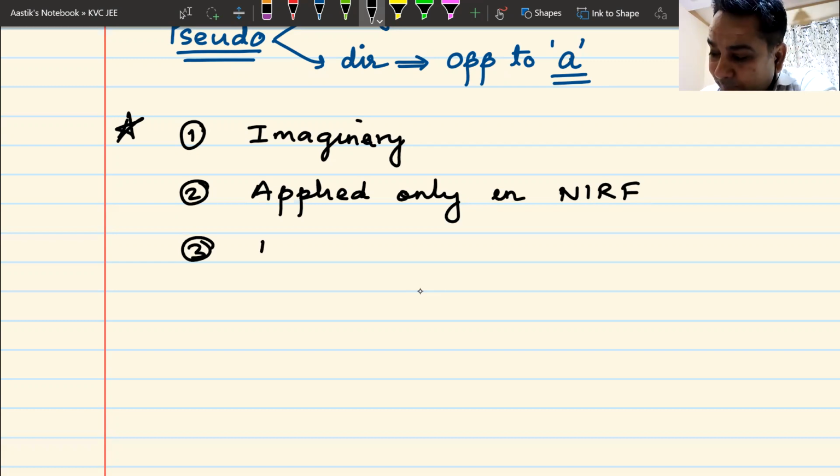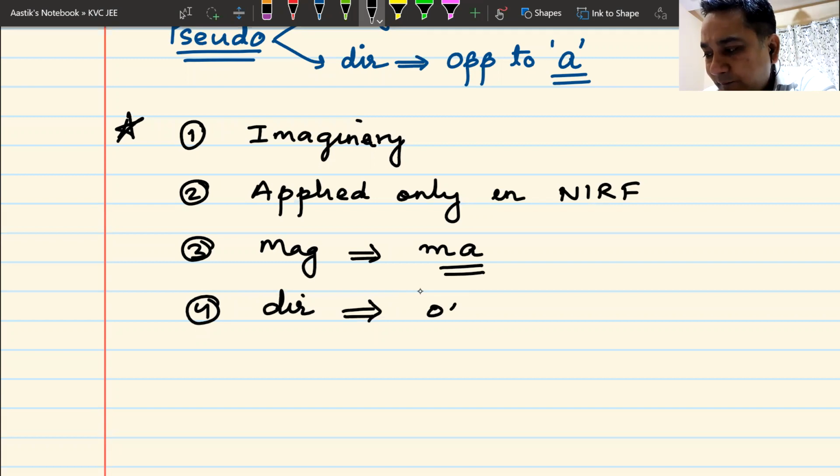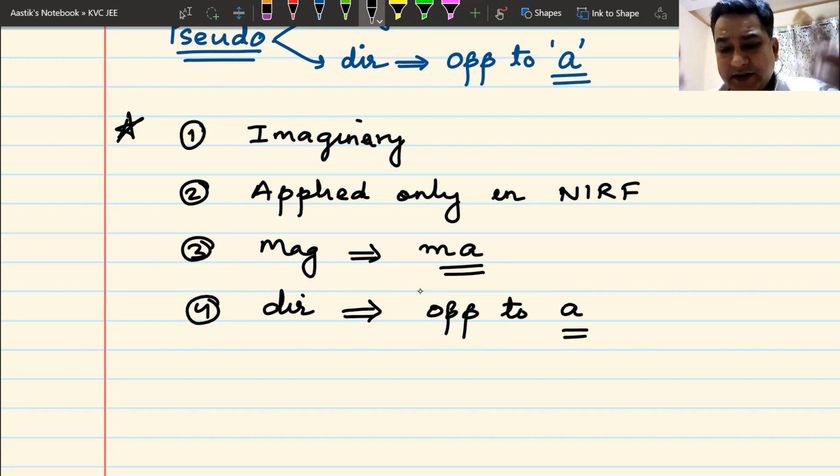Number 3, magnitude of pseudo force is m multiplied by a. Number 4, direction of pseudo force is opposite to acceleration. Do we understand this? Can I have some raised hands from everyone in the class as well as in the virtual class? Great.